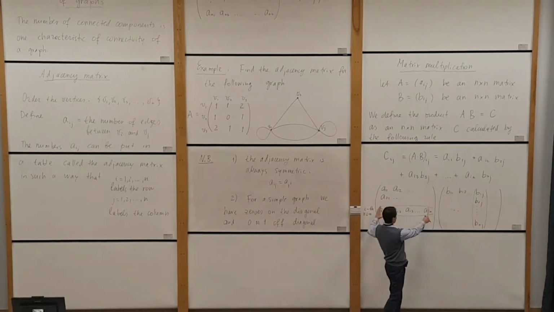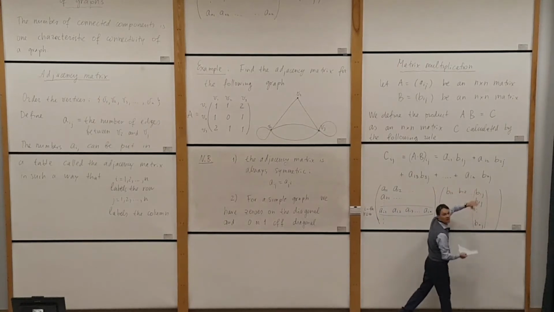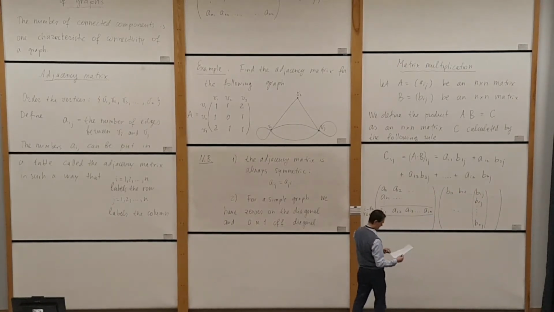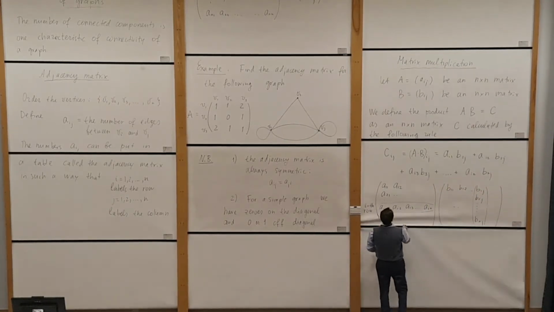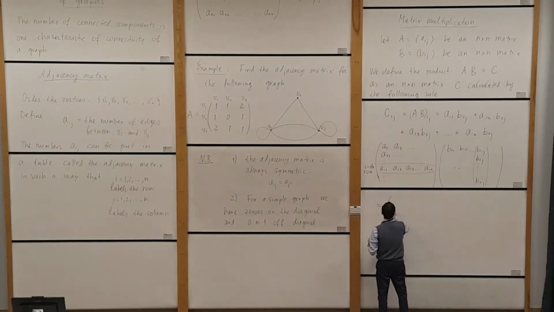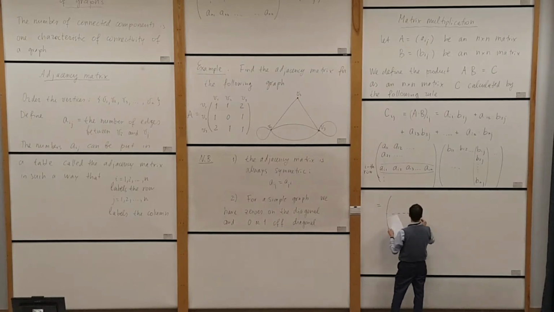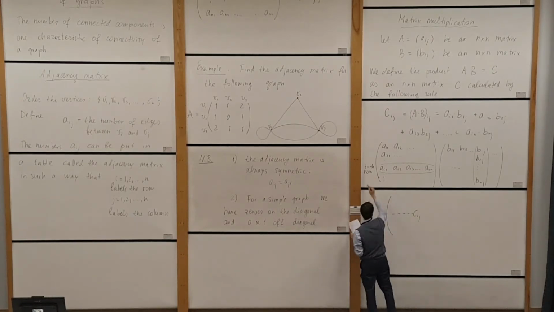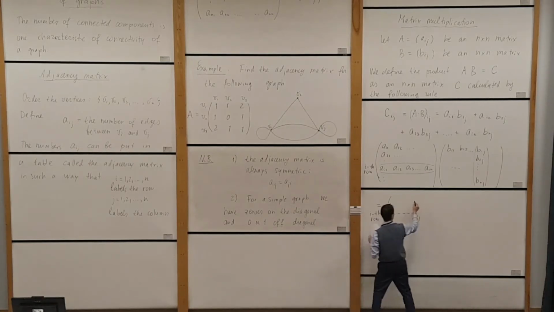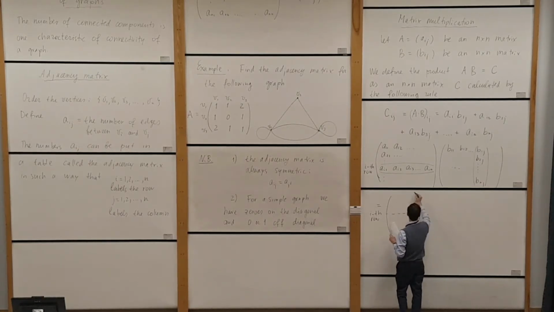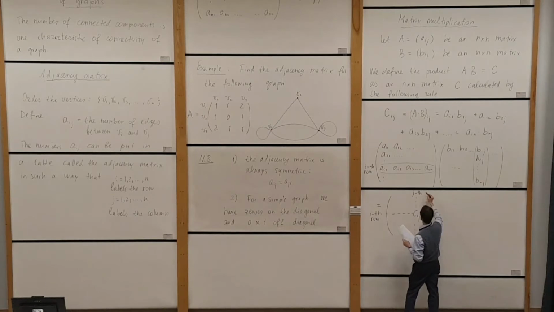And there are n of them in the row and n of them in the column. Okay? And that will give me just a single entry, Cij, which is sitting in the ith row and in the jth column.